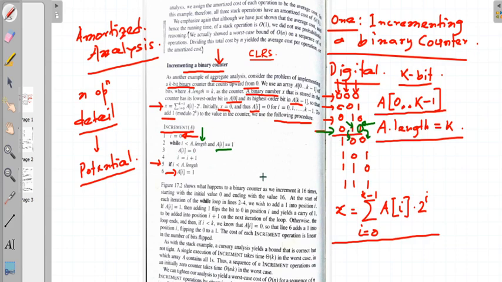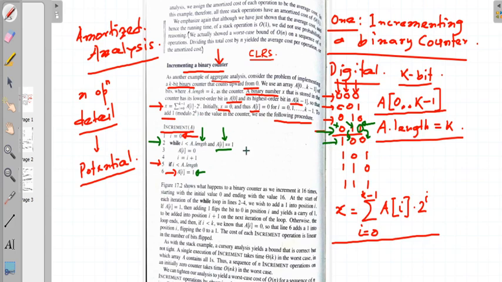And whenever I'm going back here and considering this guy, 0, the condition A[i] equals 1 will fail. So I'll be coming out of this loop, and to make it 4, the last bit should be changing to 1. So that we have done here.